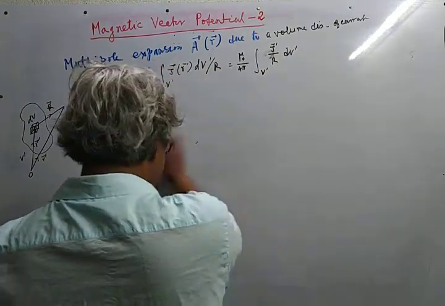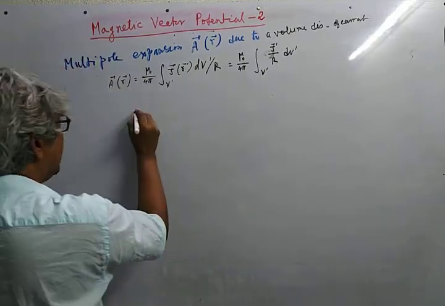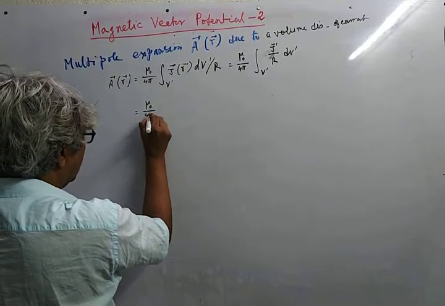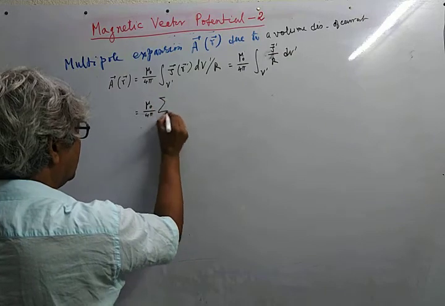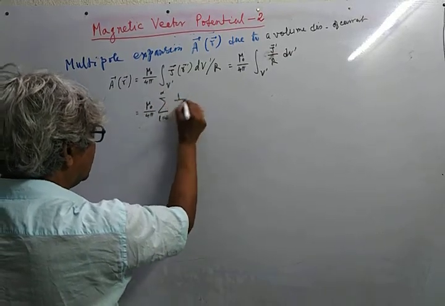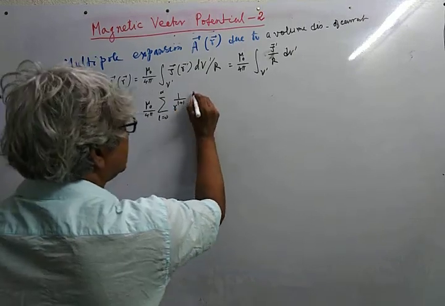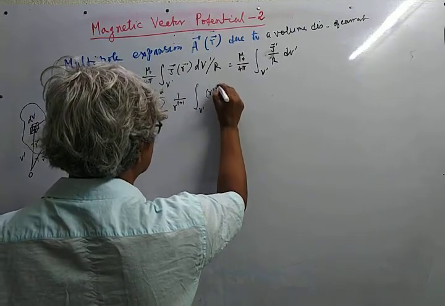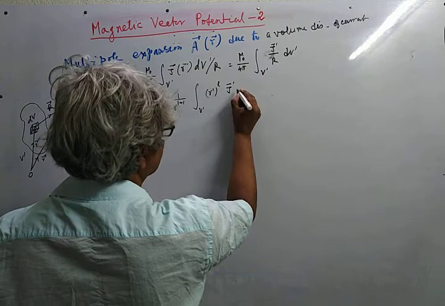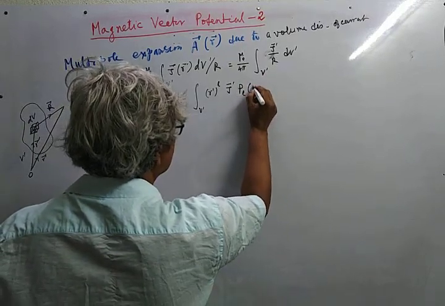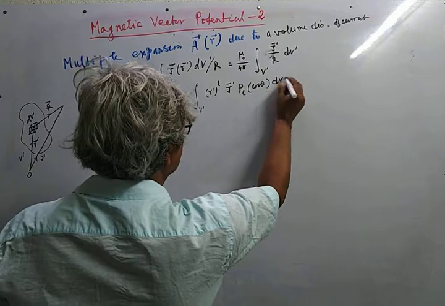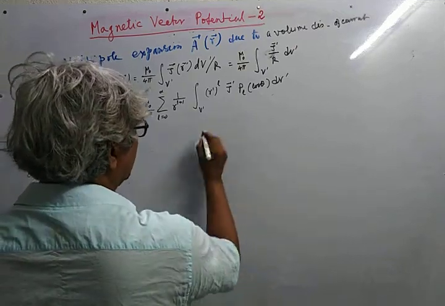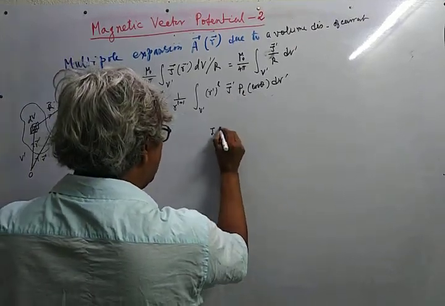and as usual we expand 1 by r. You note that for a closed current loop, the quantity was I dr prime.